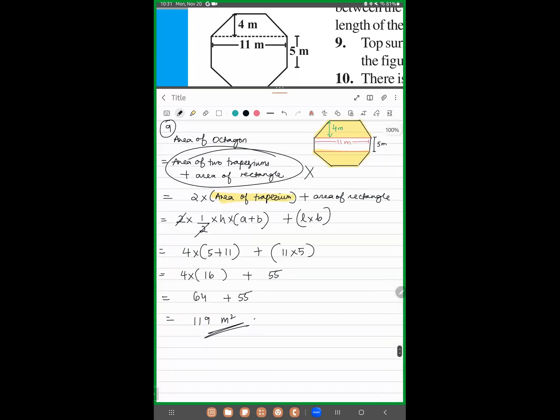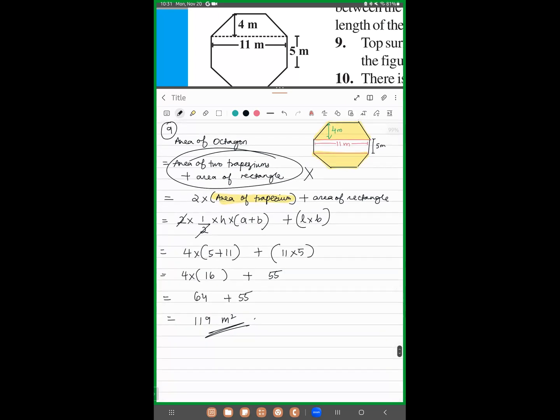64 plus 55 is 119 square units. Is this clear? Can you give me a minute?